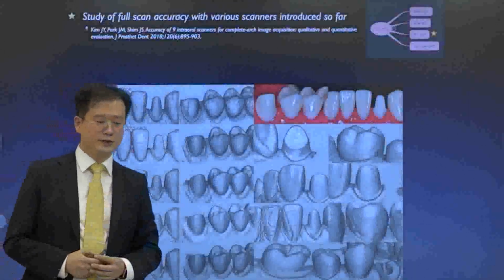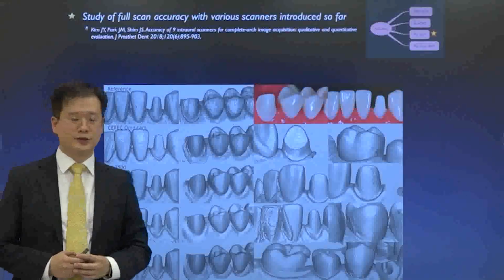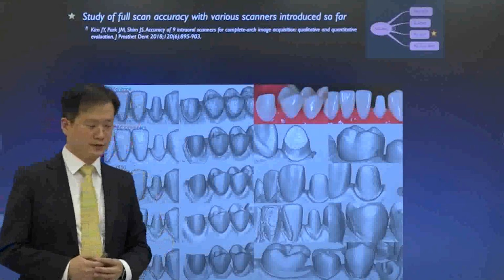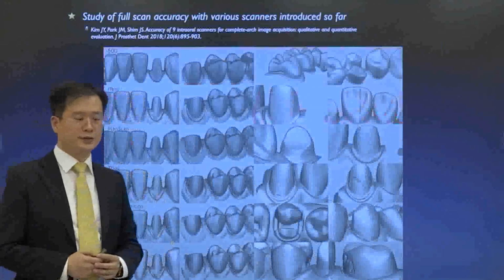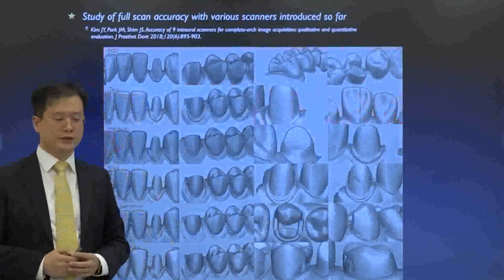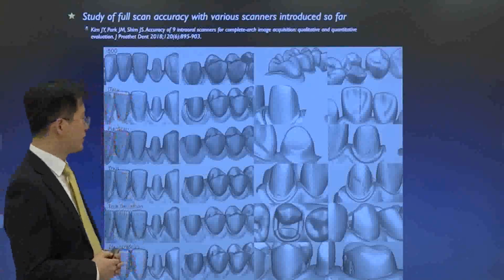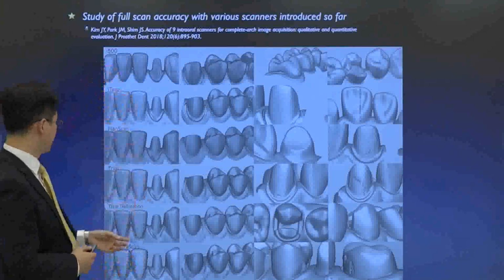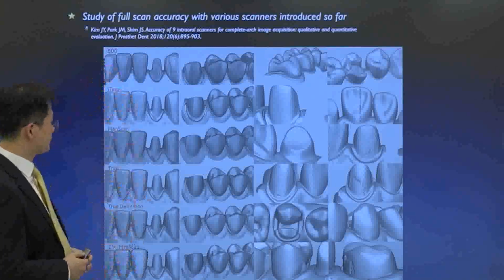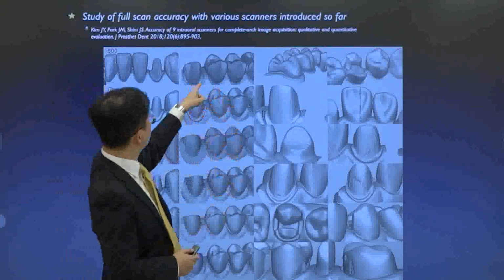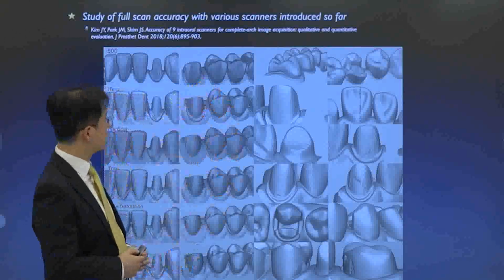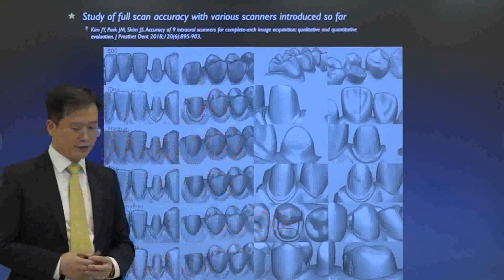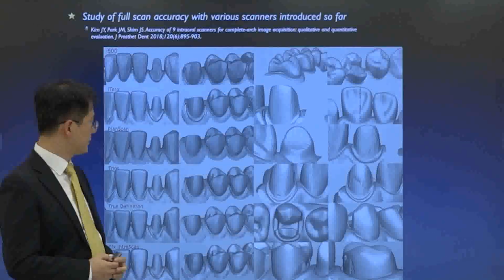Some intraoral scanners accurately reproduce the situation in the mouth, but others do not. Fortunately, recently launched intraoral scanners have shown clear and accurate images. As you can see from the i500 group, Trios, and True Definition, the margins are easily noticeable and the preparation shape is clear.